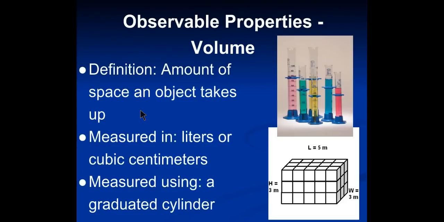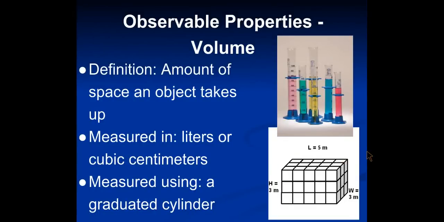The next property is kind of tricky. It is volume. Volume is the amount of space an object takes up. We use liters or cubic centimeters as our units to measure volume. That is why it is tricky. There are two units.